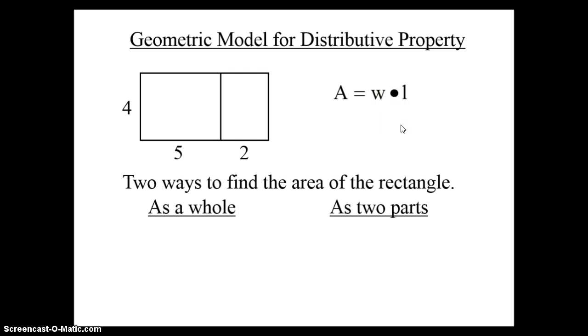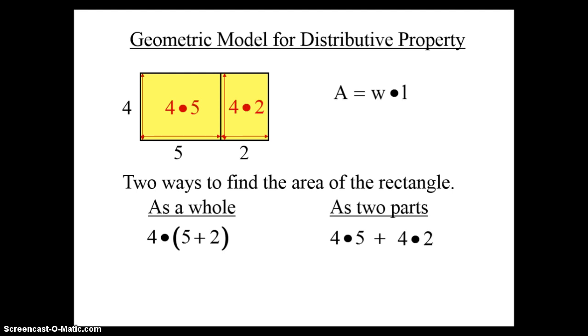So if we were to do this as a whole, we would multiply 4 times 5 plus 2, just like that. Or we could take it as 2 parts, 4 times 5, the area of that larger rectangle, and add it with the area of the smaller rectangle, which is 4 times 2.